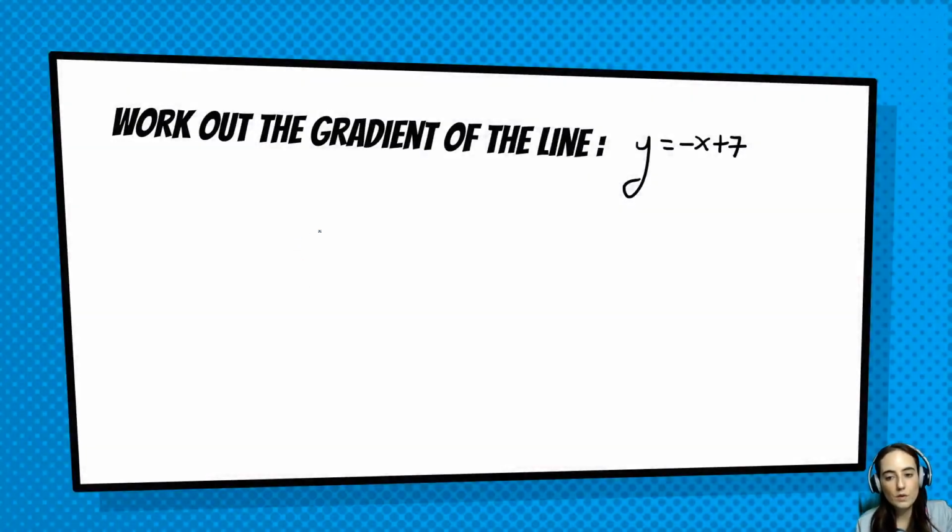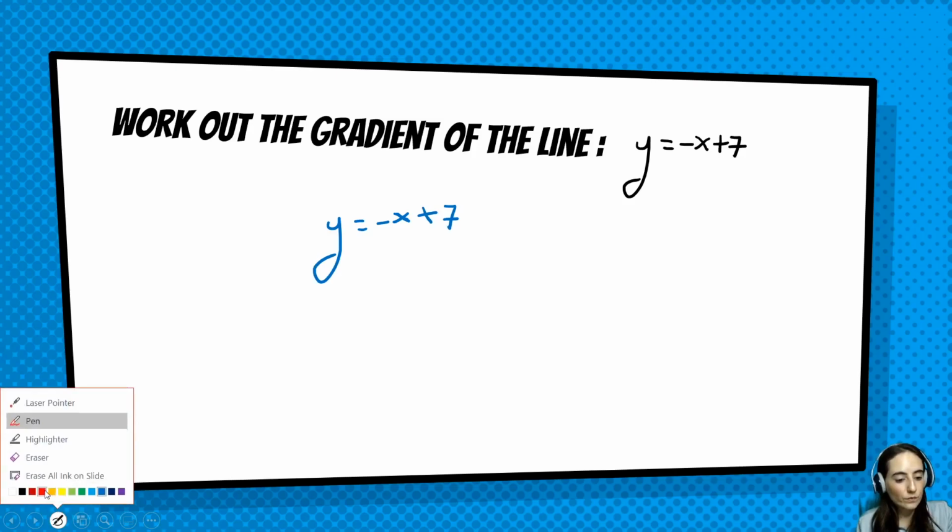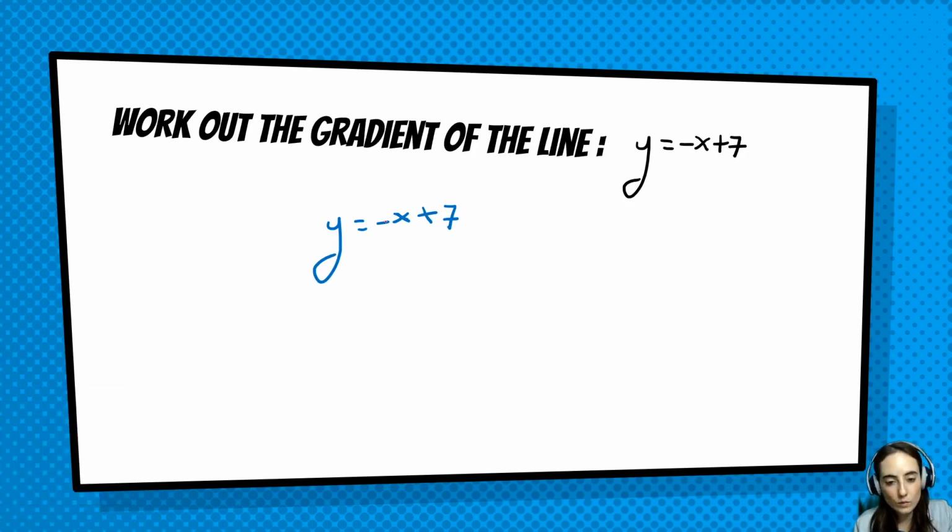Okay, here we have y equals minus x plus 7. Again, if you feel confident, feel free to pause this video and solve it on your own, okay? All right, now, you can't see a number clearly, but let me remind you that when you see a minus x or x, it actually means 1x.